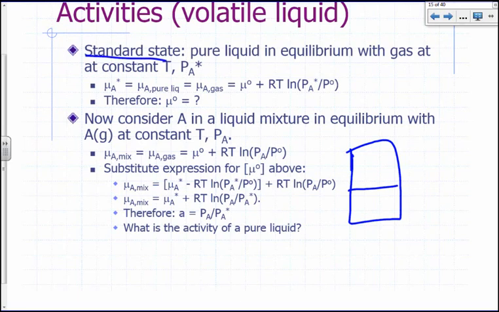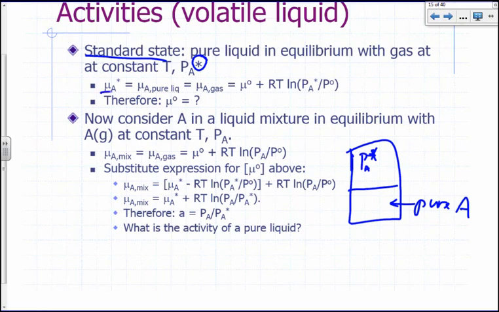Your standard state for comparison purposes is a pure liquid, so this is pure A, in equilibrium with gas at pressure P sub A star. We're putting a star here to indicate that the gas is pure, in equilibrium with pure A.